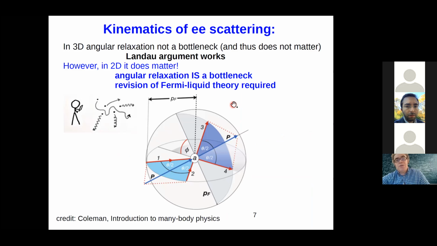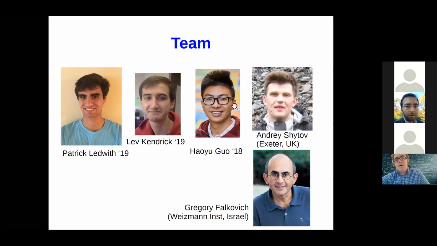This may be an important slide to show. These are all the collaborators who contributed to this work: 3 students, Patrick, Lev, and Hao Yu, who are all now at Harvard, and the longtime collaborators, Andrea and Grisha from the UK and Israel.